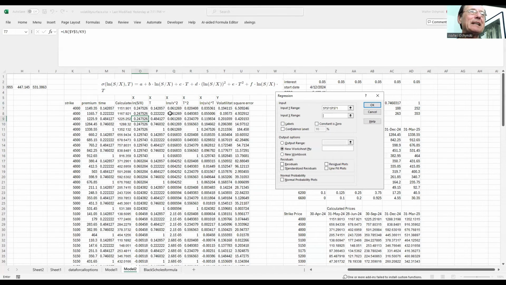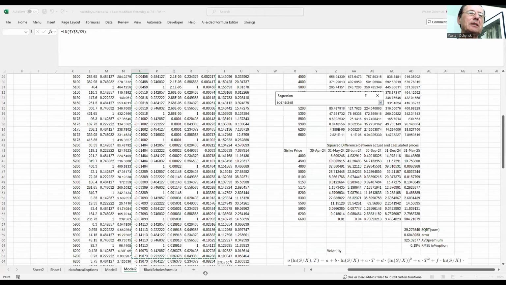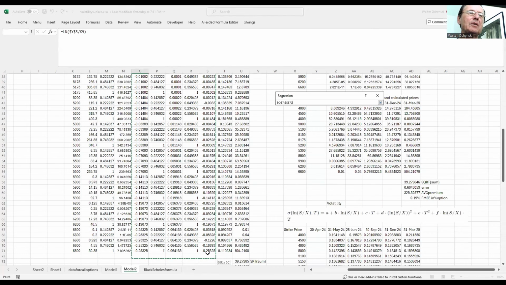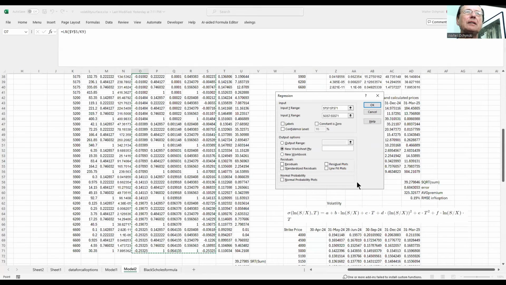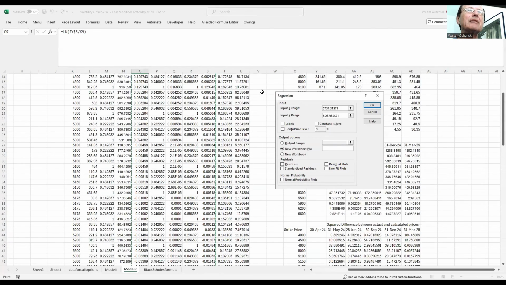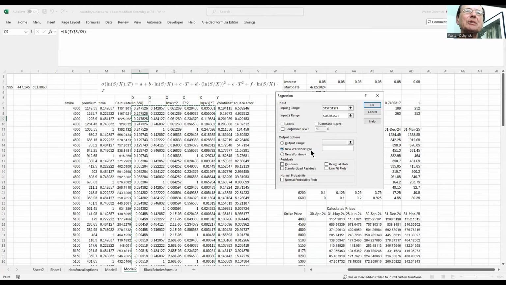Okay, the next is I have to take my X values. Did I start to show the labels or didn't I? I have forgotten. Now it is without labels, but constant is 0. No, constant is my first parameter, A, so it's not 0. Everything is fine.